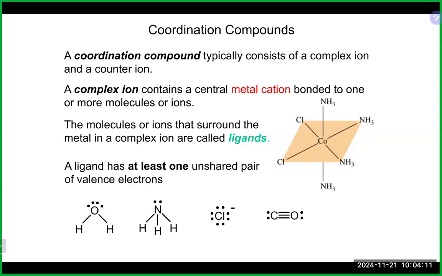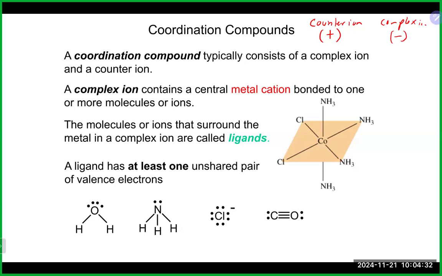And that is because you could have two things. You could have a counter ion and a complex ion. And the counter ion could be positive and the complex ion could be negative. So coordination compound together will really be like an ionic compound.